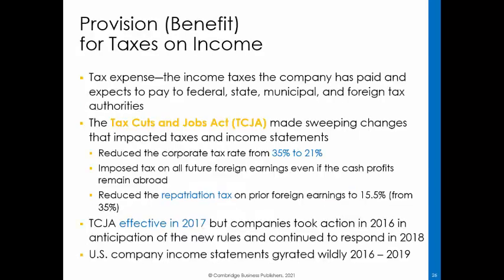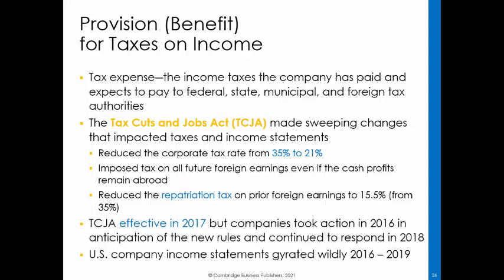The tax expenses reported on the income statement relate to taxes the company expects to pay to federal, state, and municipal taxing authorities, as well as income taxes levied by foreign governments. In the 2 years after the Tax Cuts and Jobs Act was passed in 2017, the tax provision line on U.S. companies' income statements gyrated wildly.